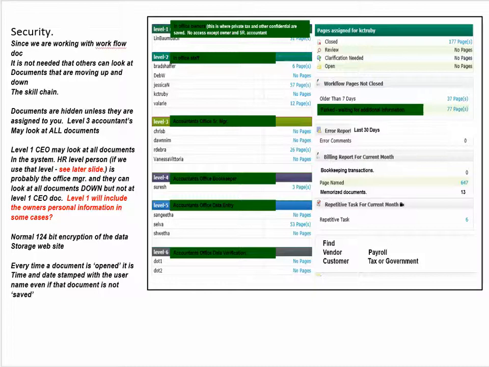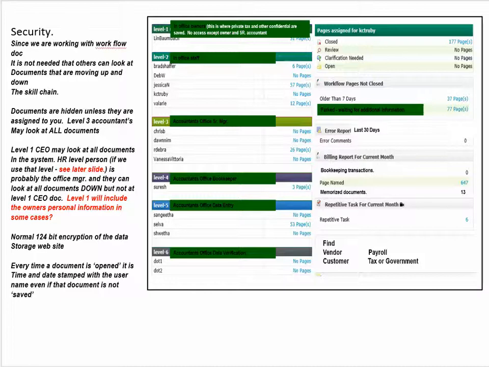And since we've had no security issues in the 10 years we've been doing this, originally with SharePoint and then with their own program, I'm pretty comfortable that security's not that big of a problem, or we would have had a problem by now.